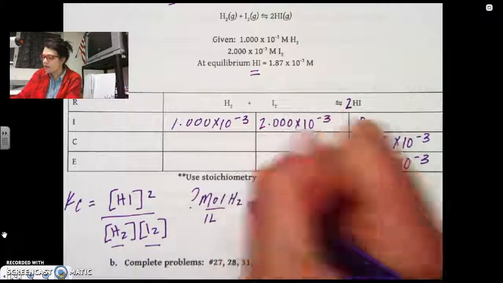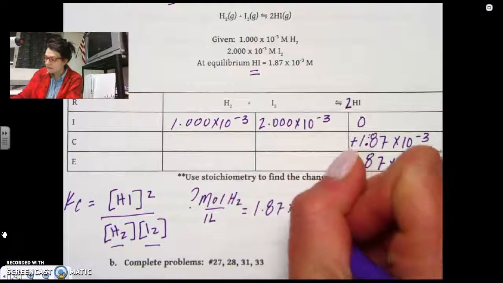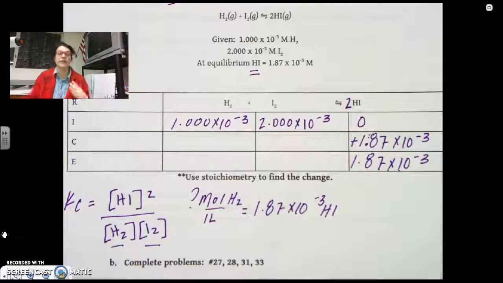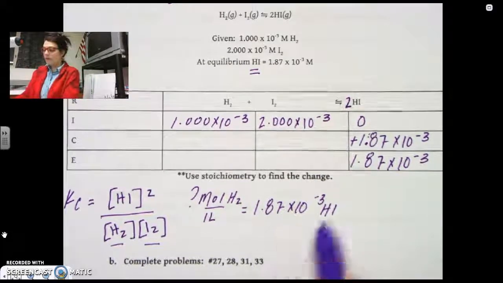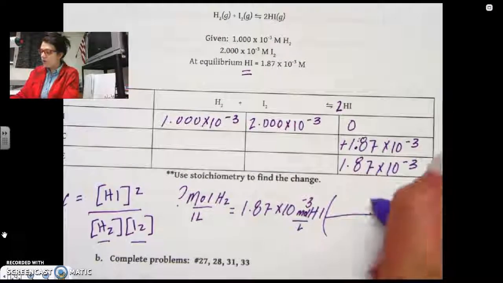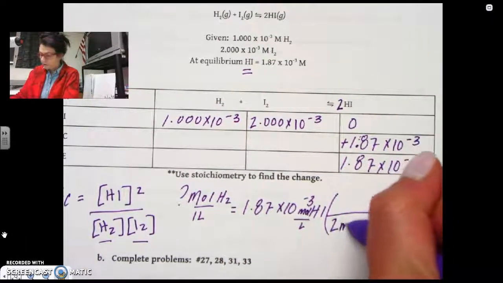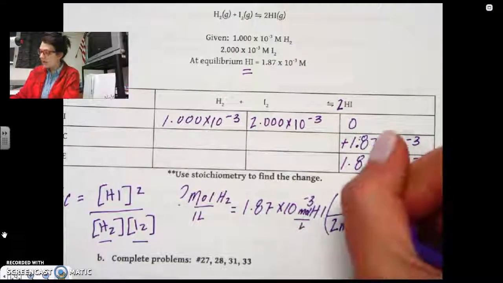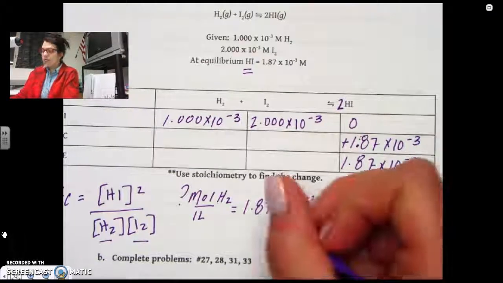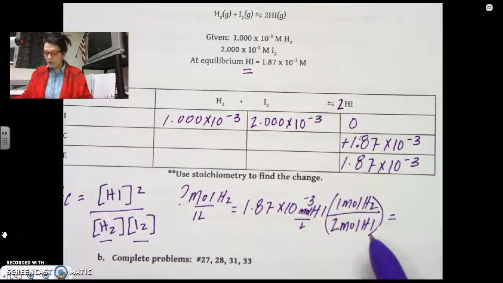Okay, and we're looking for H2, and if we're given 1.87 times 10 to the negative third HI, I have to figure out how many moles of H2 I needed to make this amount of moles of HI, okay? So ultimately, you're just using your chemical equation to do that. So for every 2 moles of HI, I only needed 1 mole of H2, which means you're only getting half of the amount from your H2.